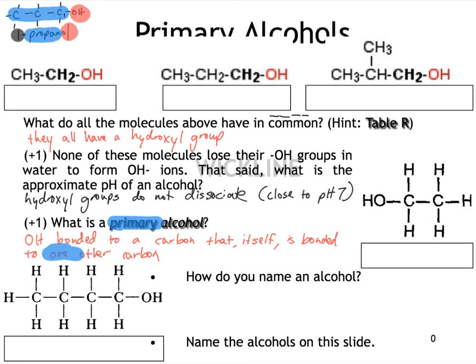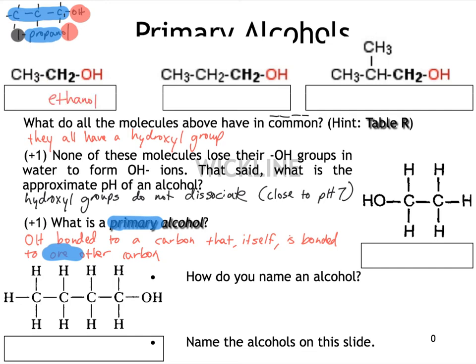All right, so to name an alcohol, we're going to follow these rules. We'll always end in OL. We'll name the parent and put it before the OL, and we'll use numbers to locate the OH. So for this molecule, it's going to be a parent of ethane, so we'll say ethanol.